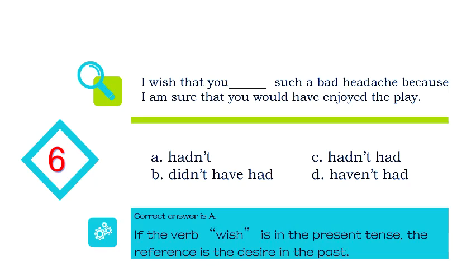Now, I wish that you, the correct answer is letter A, hadn't, such a bad headache because I am sure that you would have enjoyed the play. So wish is present and hadn't is in past tense.